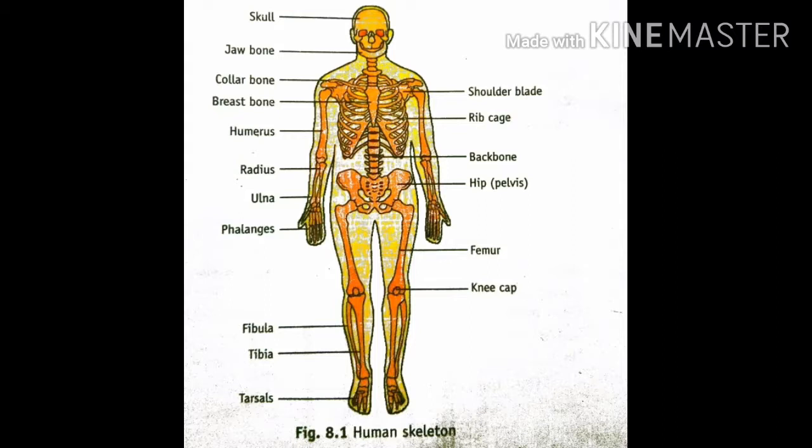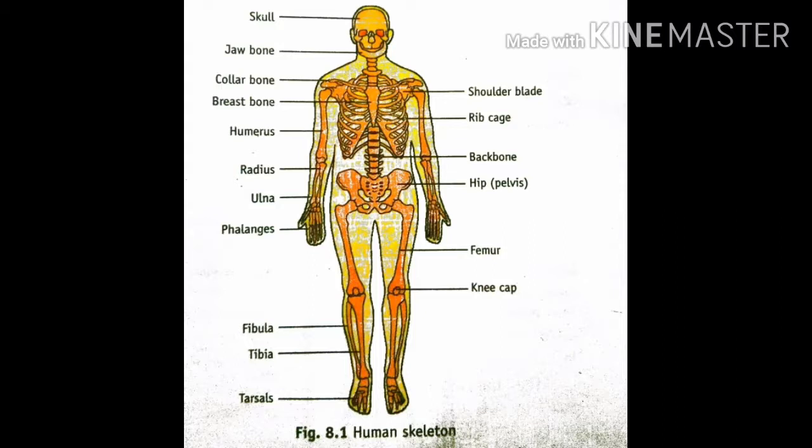It gives our body shape and a basic framework. An adult human being has 206 bones.